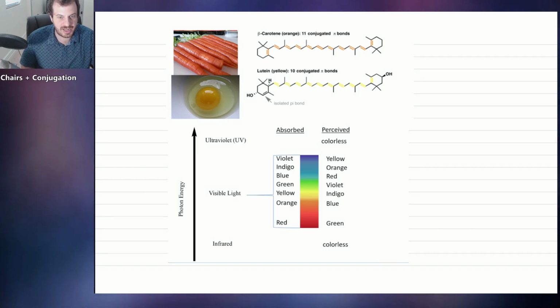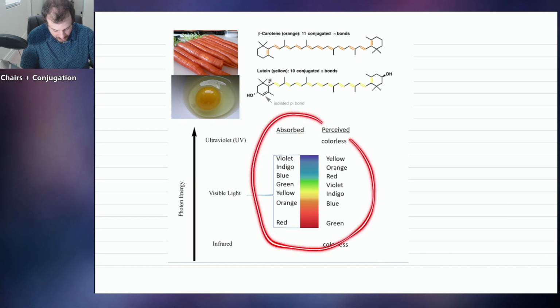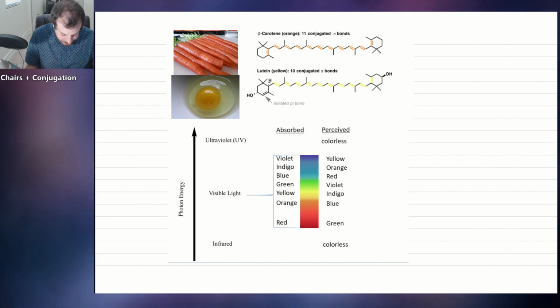So because beta-carotene is more conjugated, that means the HOMO-LUMO gap is very, very small. So that means it's going to be able to absorb a lower energy light. So let's take a look at this little rainbow here and see what happens. Because beta-carotene is more conjugated, it's going to absorb indigo light, which is relatively low energy light, and so it's going to be perceived as orange.